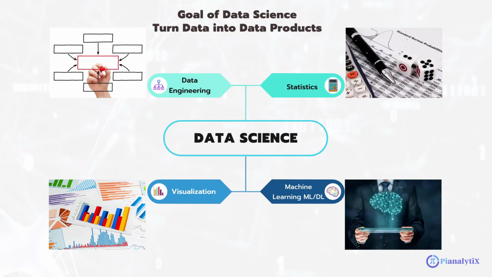Great. So now, what are the goals of data science? In data science, we have raw data. Someone has to capture and process the data. That is data engineering. Once we have the data, in data science we can visualize the data and find various inferences from it.